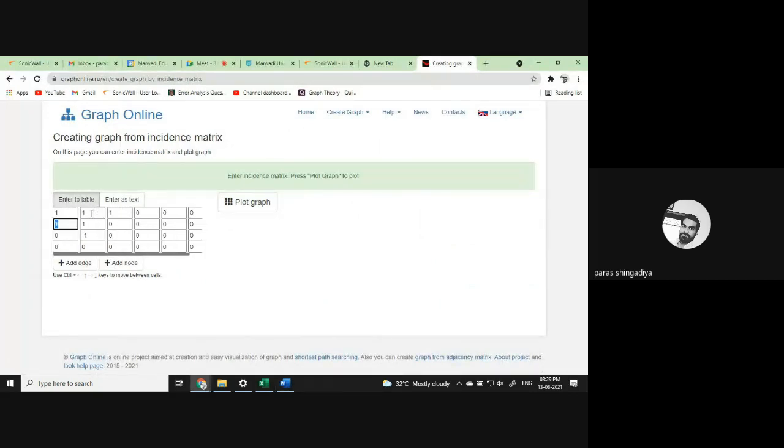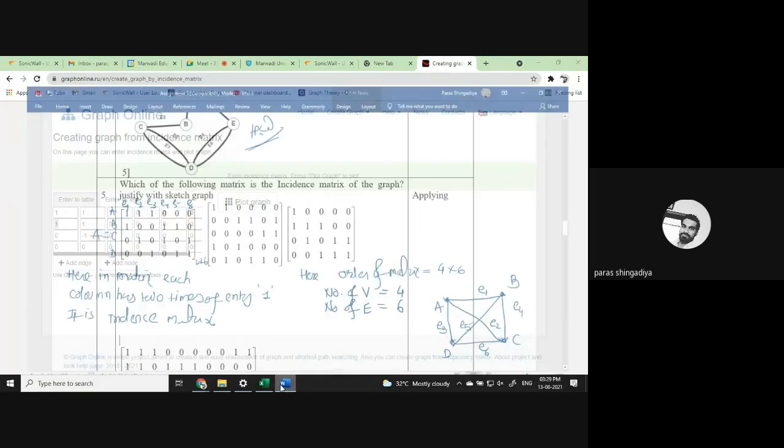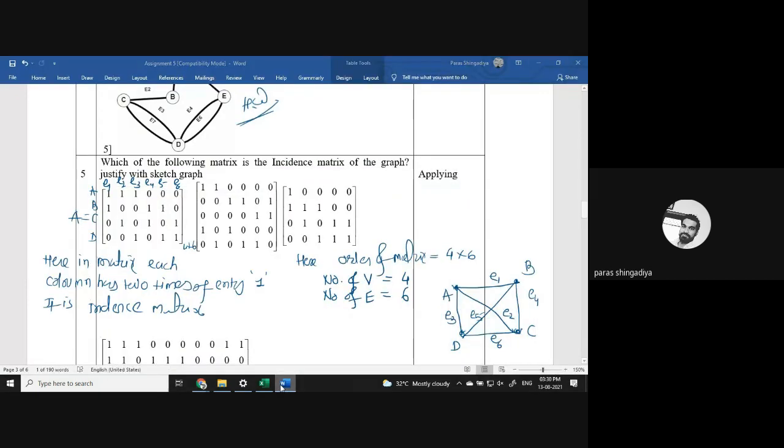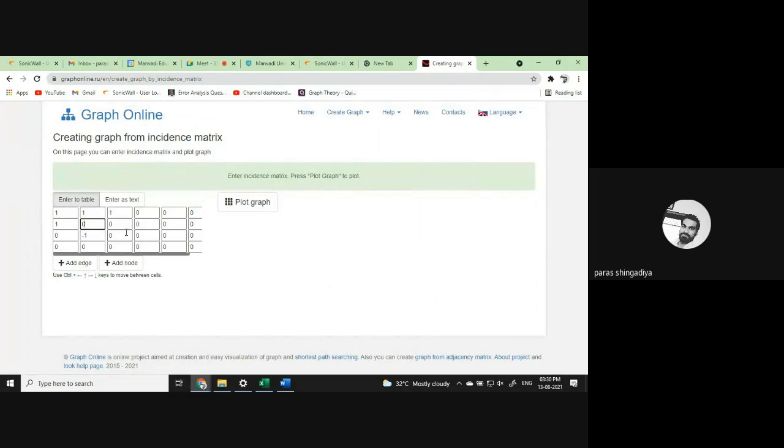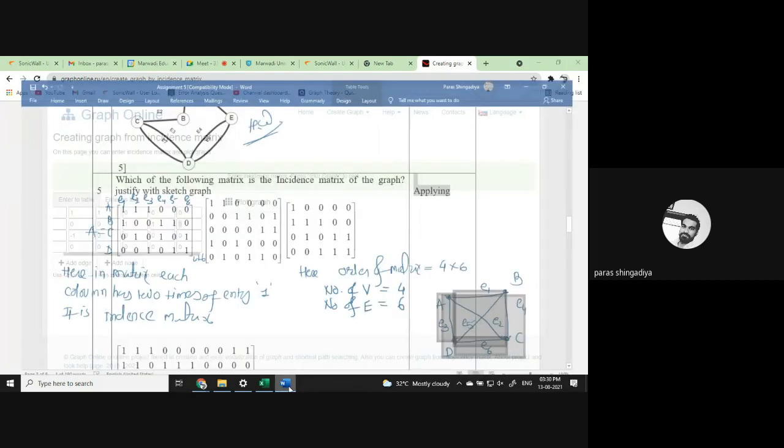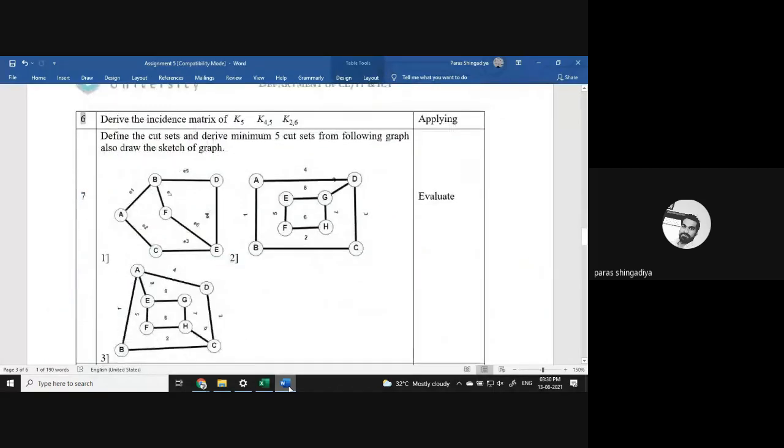Now the second row entries are 1 0 0, 1 0, both are 1 and then 0. And the third one is 0 1 0 1.